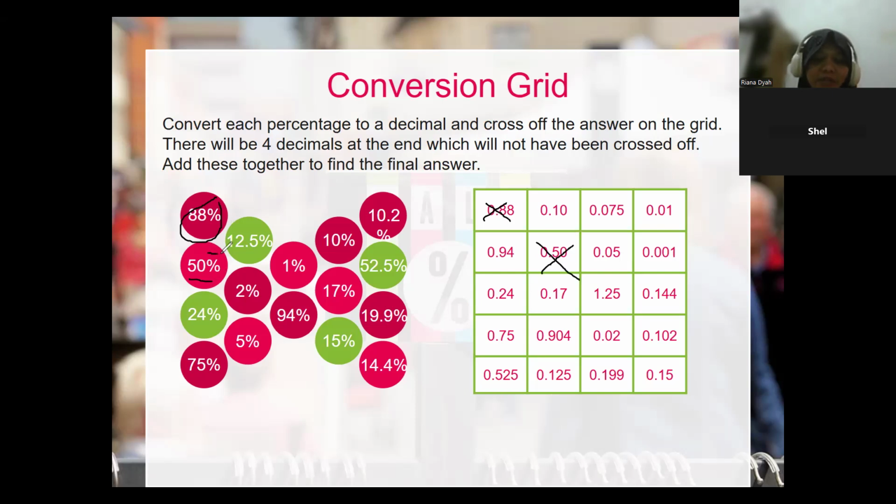Next, what do you want? 2%? 1%? 10? Okay, 10% to what? 0.10, correct. Where again? 2%, to what decimal? 0.02.